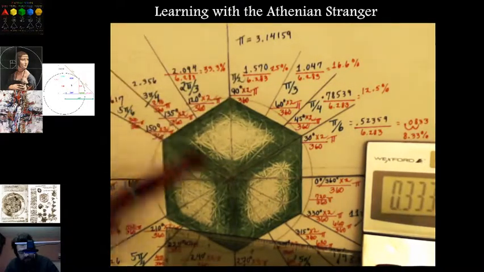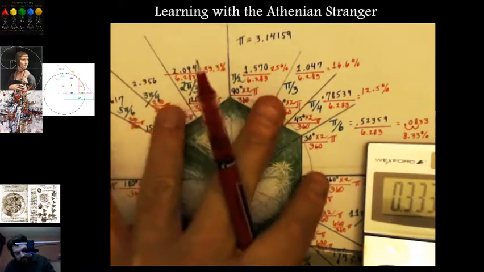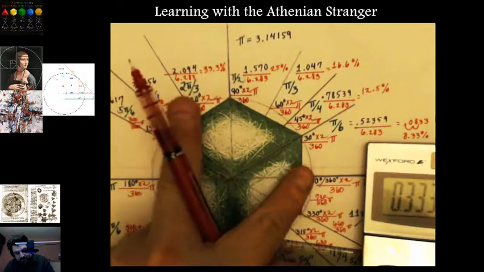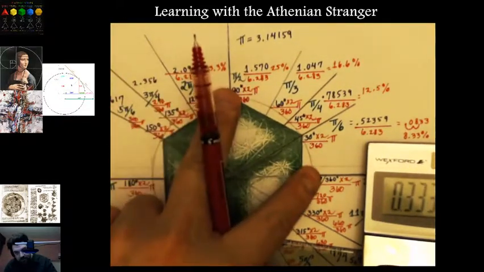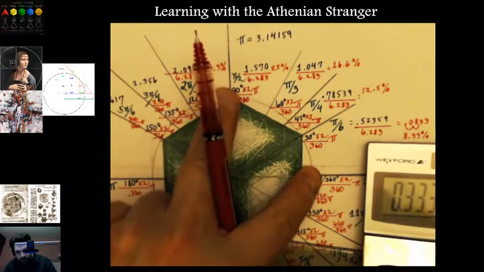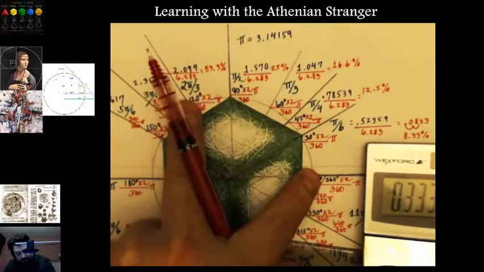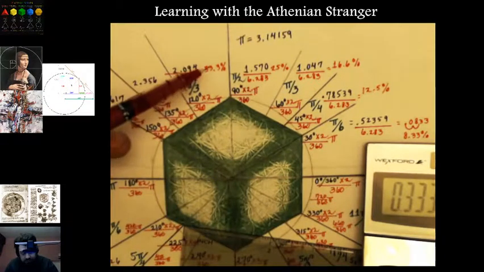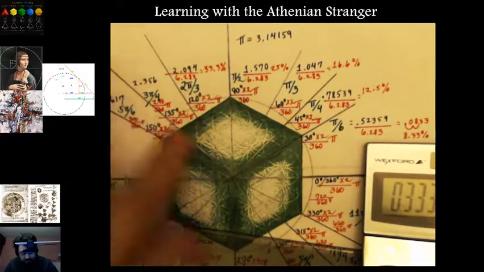So now I'm saying that this bit of string represents 33%. You know, this bit of string represented 1/4 of the total circumference. This bit of string, it's claiming, represents 33.3% of the total circumference, so like 1/3.